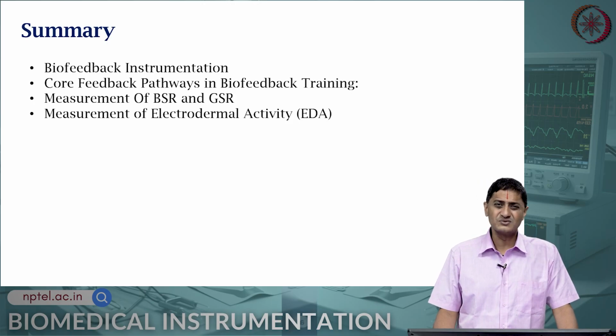And note that this is only an input that can be used by the participant to voluntarily regulate their own bodily function. It is more of a learning process, it is not really a treatment in that sense.